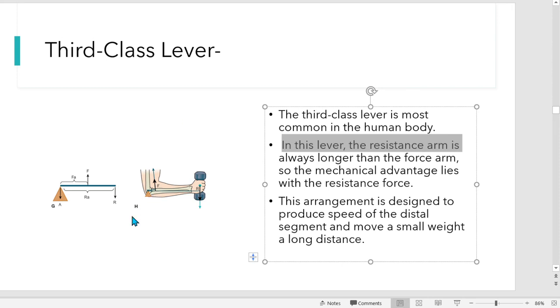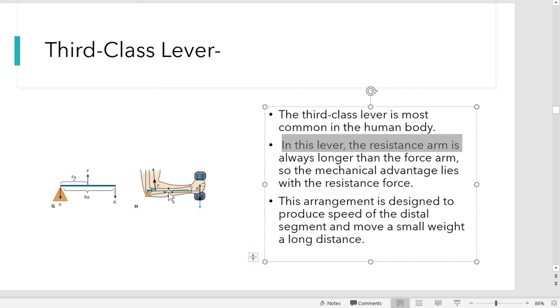Okay? So here this is very common because usually we move along the space or in an open space, in open kinematic chain. So let's take for example, when you try to kick the ball, that is an open kinematic chain, and you are using a third class lever system in extending your knee because you are extending it in open air.